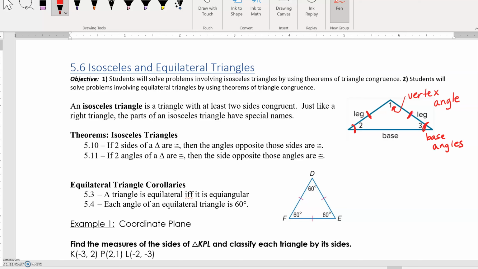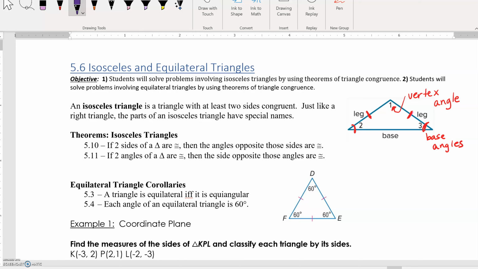And we have that basically written out in these two short theorems. If two sides of a triangle are congruent, then the angles opposite those sides are congruent. If two angles of a triangle are congruent, the sides opposite those angles are congruent. And so that's a characteristic we have of the isosceles triangle.